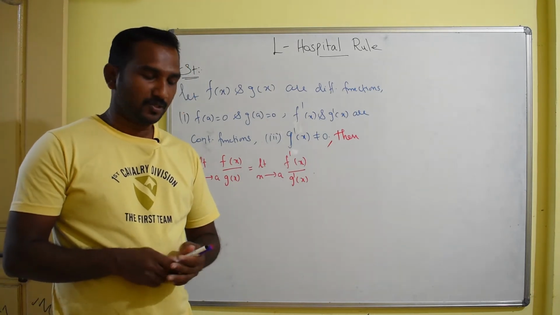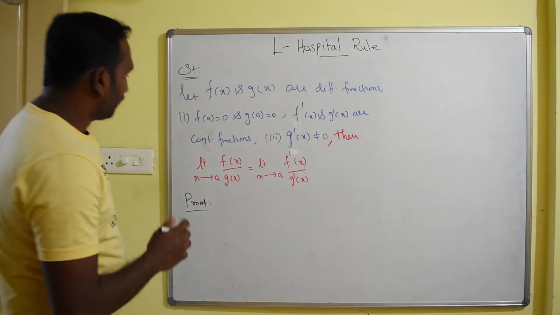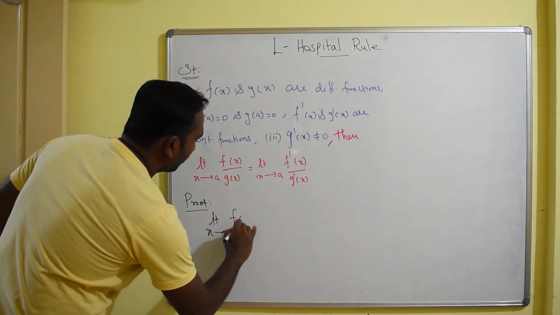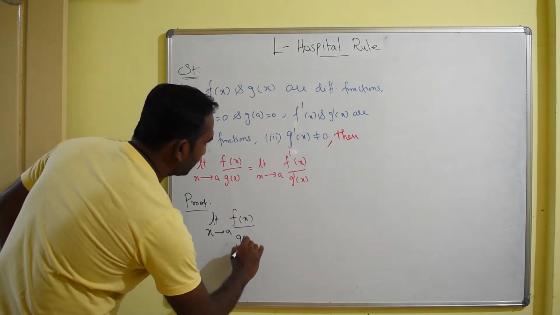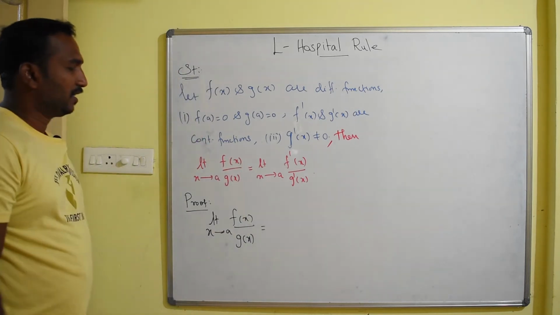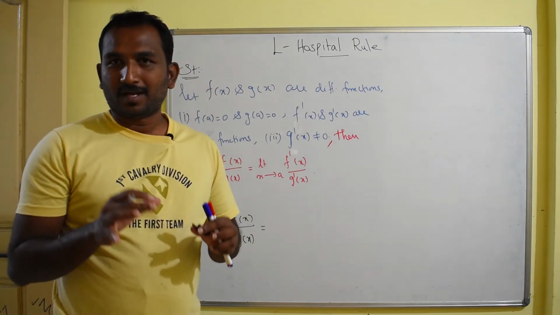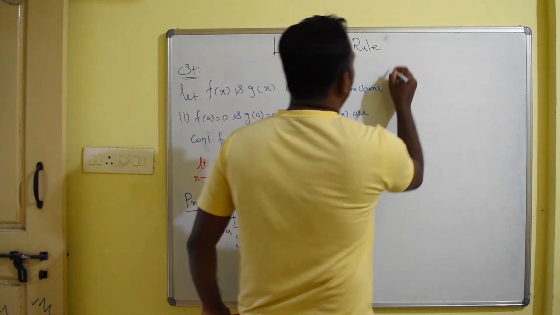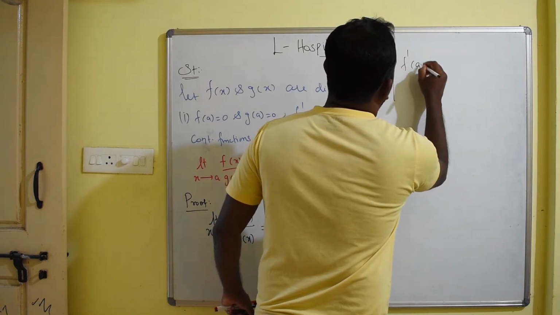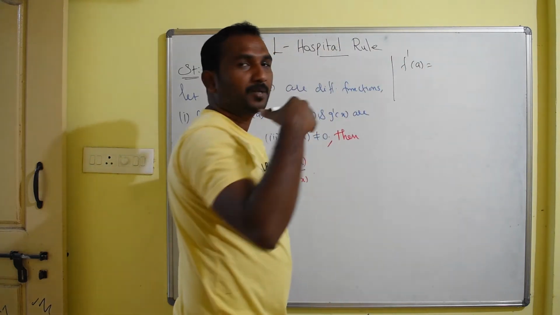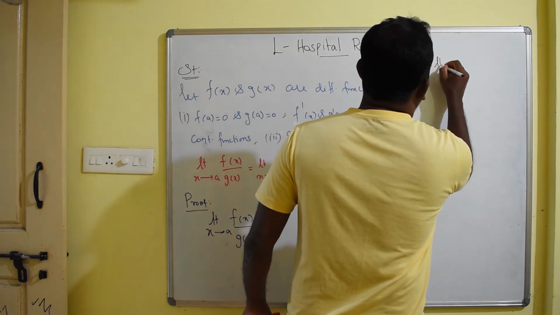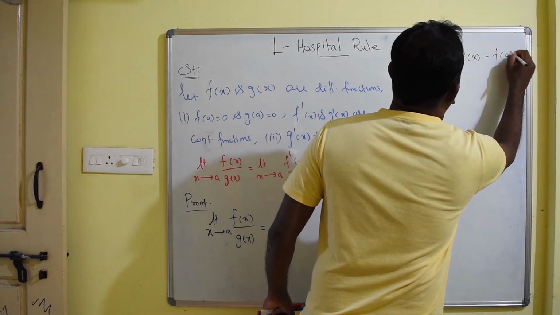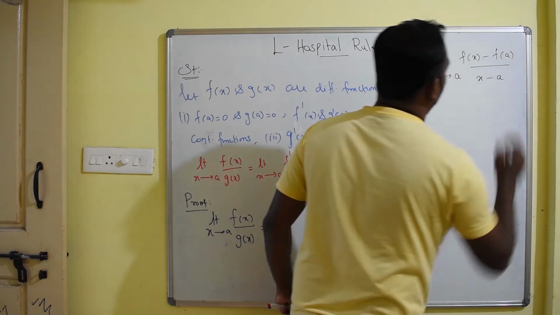Now how to prove this L'Hospital rule? So first, what is given here? Limit x tends to a, f of x divided by g of x, which is equal to, right? To prove this L'Hospital rule, I'm going to consider the limit of the derivative function. What is it? F dash of a, or f prime of a, is equal to limit x tends to a, f of x minus f of a divided by x minus a.